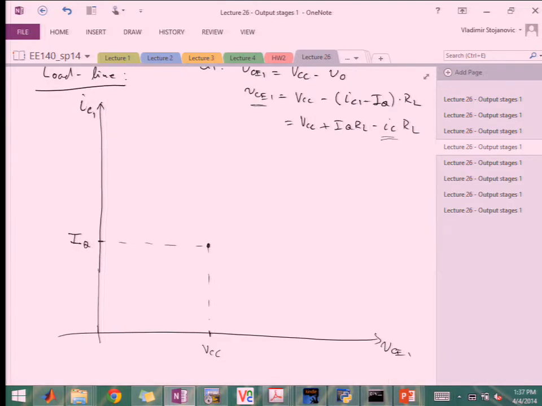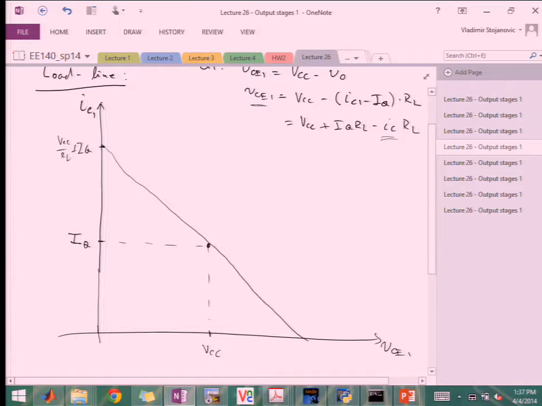And then for VCE equals 0, you have that IC is VCC over RL plus IQ. So here it will be VCC over RL plus IQ. This will be minus 1 over RL.